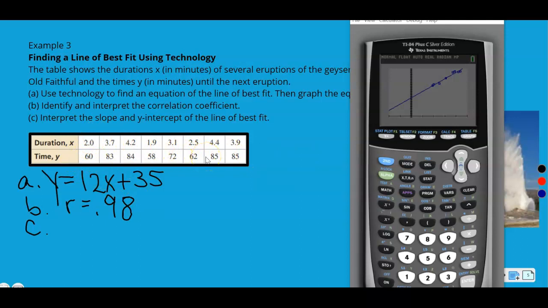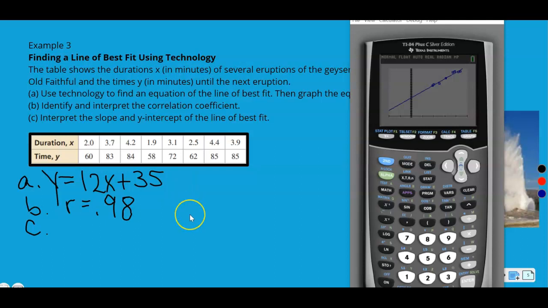The y-intercept is about 35. I rounded that a little bit, but we're going to use 35. In this case, this has no meaning because the duration cannot be 0. You can't have a duration of 0.